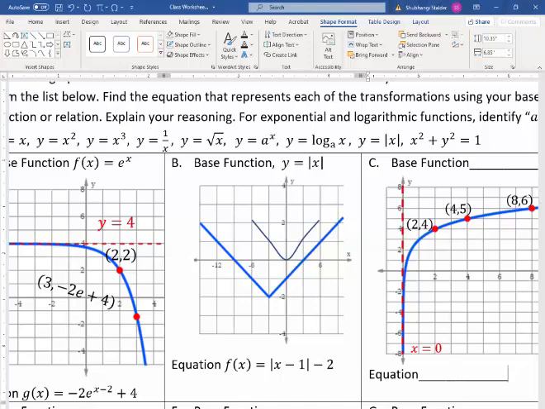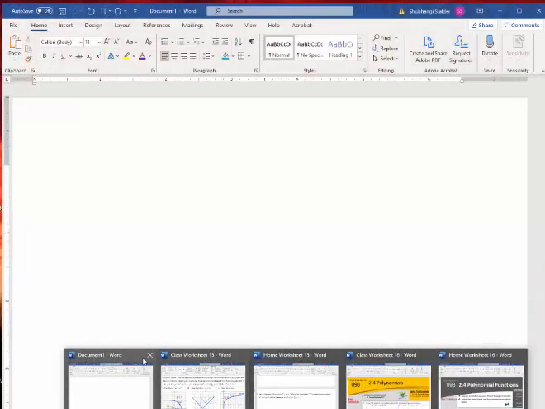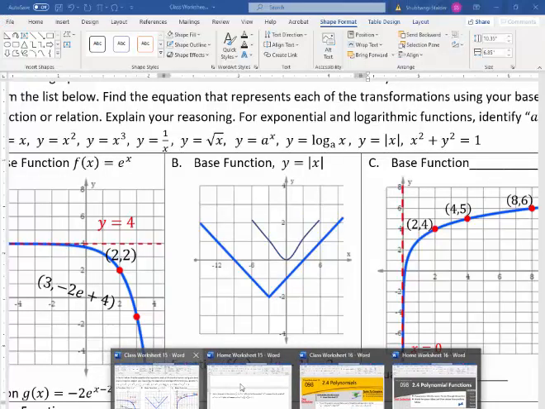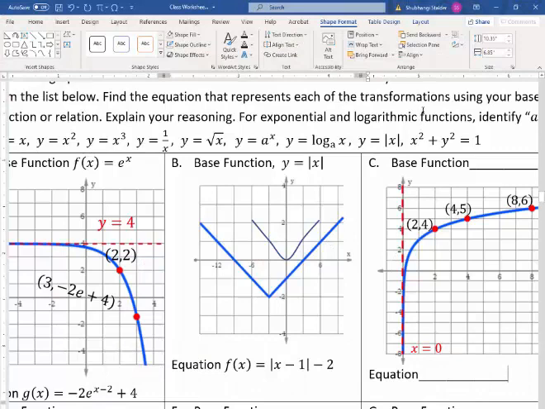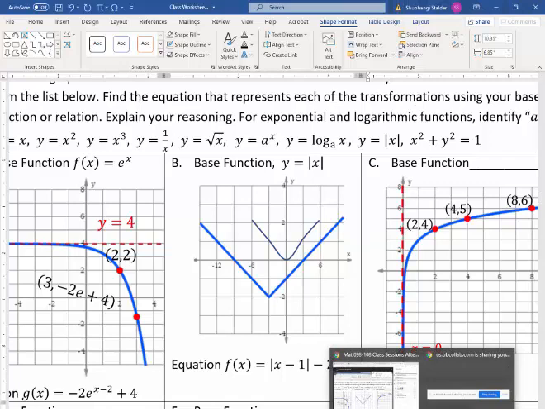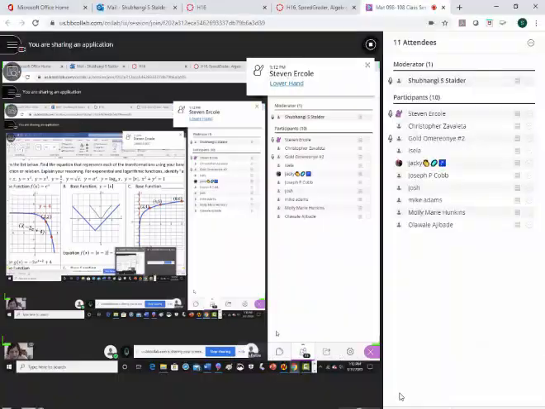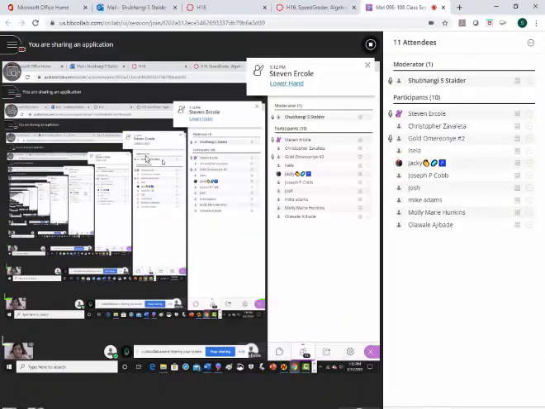Let me see if I can shut some of these documents. What about now? It's still showing me the same thing, like 4 million screens in one, one screen behind another.